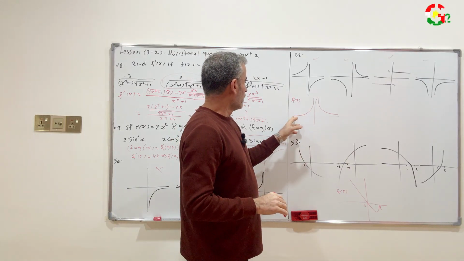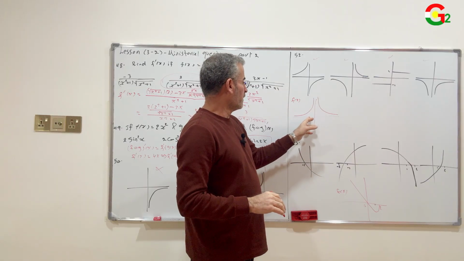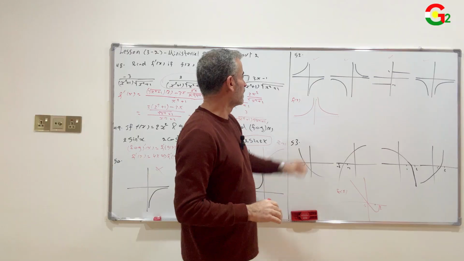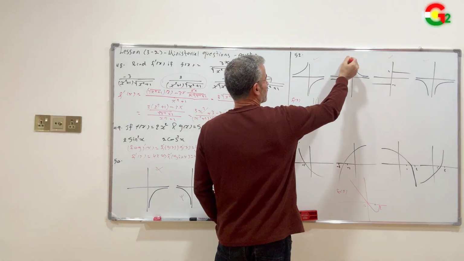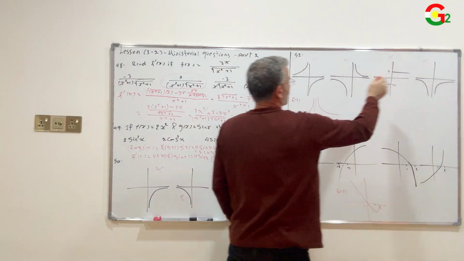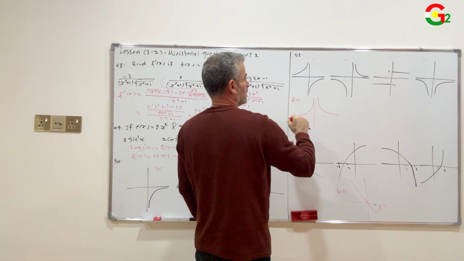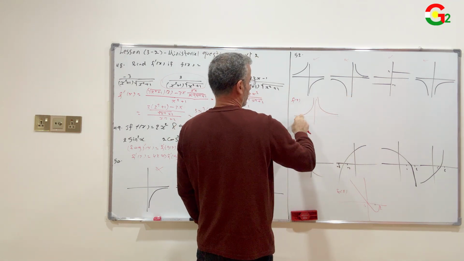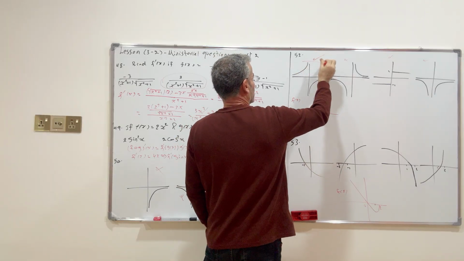Now, f of x from negative infinity to 0 is increasing, therefore the derivative should be over the x-axis. So this one is wrong, and this one is wrong because the graph is under the x-axis and the function should be decreasing, but here the function is increasing. The right choice is A.